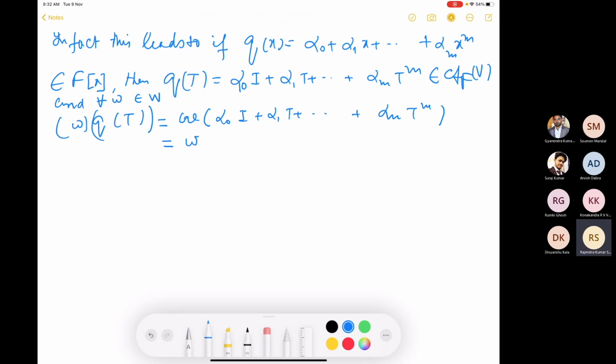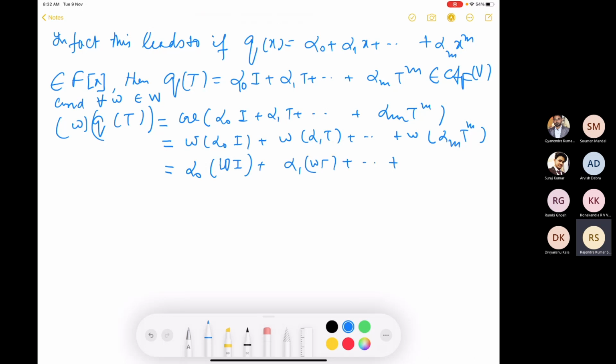So it's w alpha naught I plus w alpha 1 T up to w alpha m T^m. And w I is w only, plus alpha 1 wT up to alpha m wT^m.